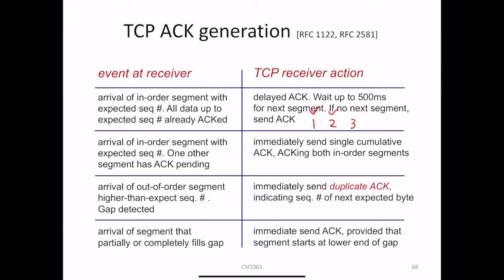The example for this one is still: segments 1 and 2 have been received successfully, and the ACK for them is already sent back to the sender side. Also segment 3 is in the pending situation. This means segment 3 is already received by the receiver, but the ACK is not sent yet. Then packet 4, or segment 4, is received.